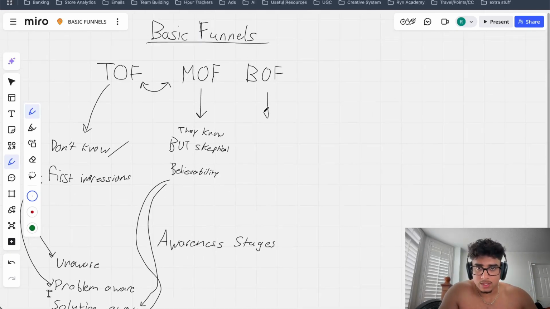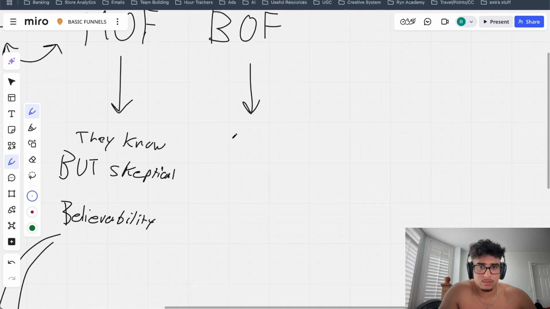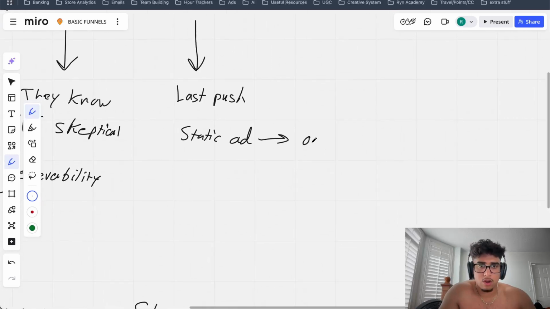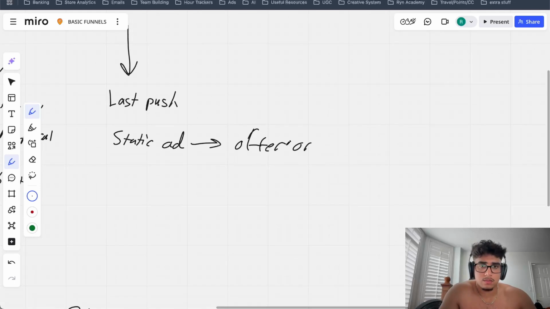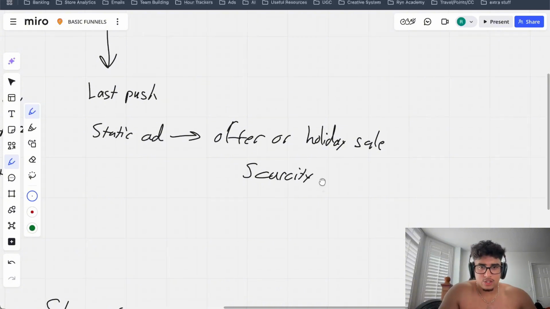Now, bottom of funnel is like they just need a last push, a final push. This is usually a static ad, which has your offer on it, like a holiday sale, scarcity, things like this, right?